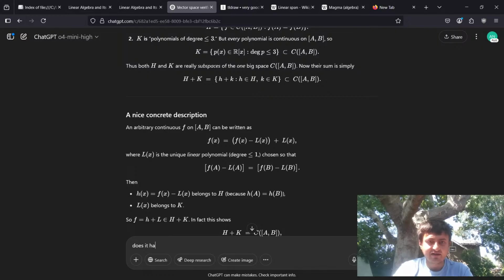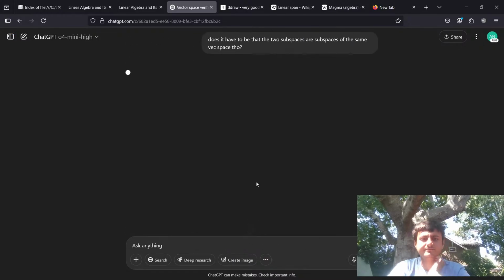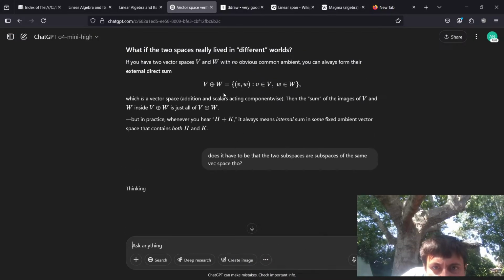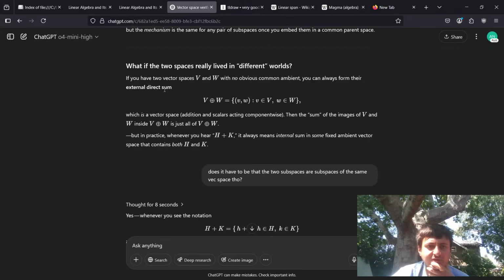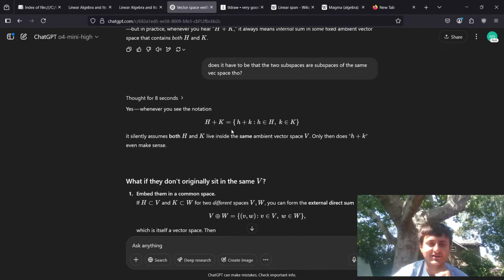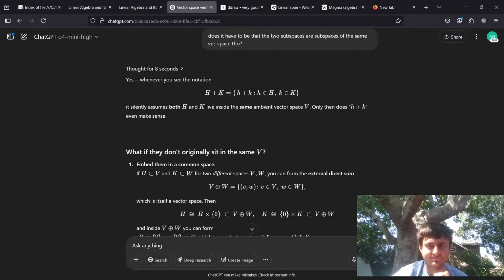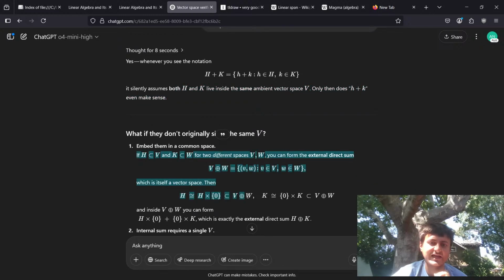Okay, but does it have to be that the two subspaces are... Oh, here we go. I didn't even read. What if you have two vector spaces V and W with no obvious common ambient space, you can always form their external direct sum. That's what I was thinking. Okay, that's what I wanted to see. And you just do it component-wise. That's so cool, man.